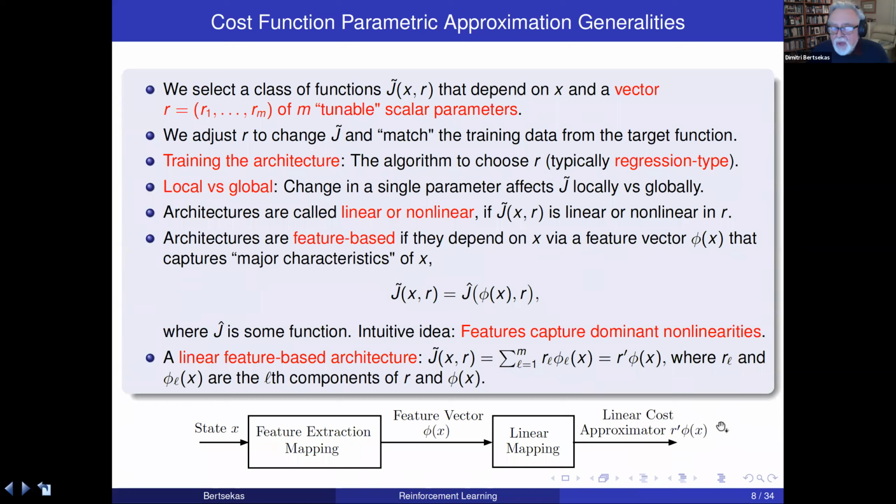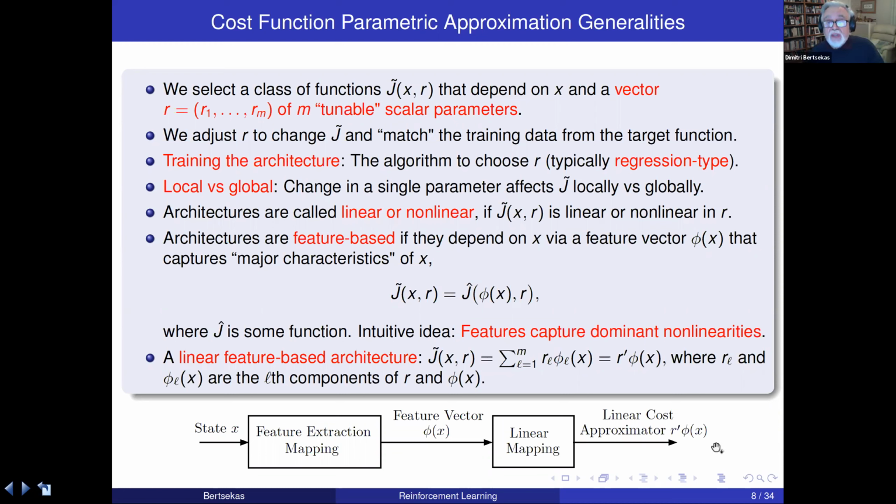So that's all there is to it. A feature extraction mapping to give you the feature vector, and then linear weighting of the features to give you an approximation to the target cost function.